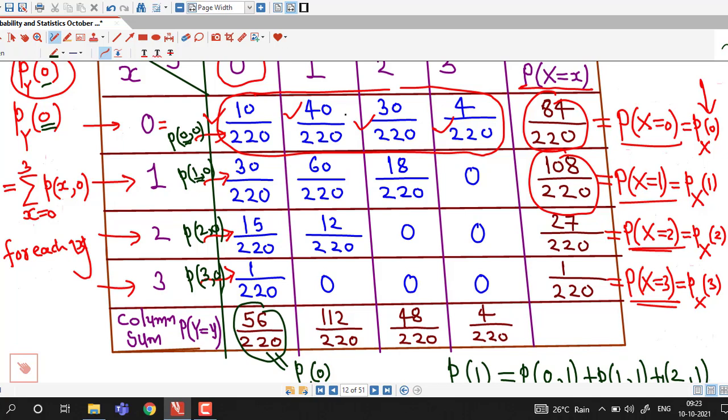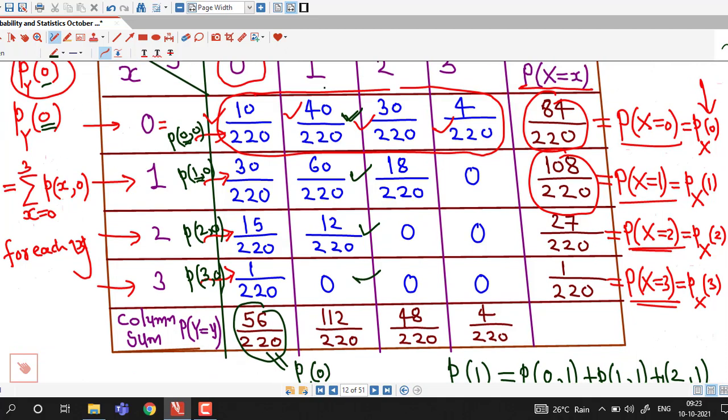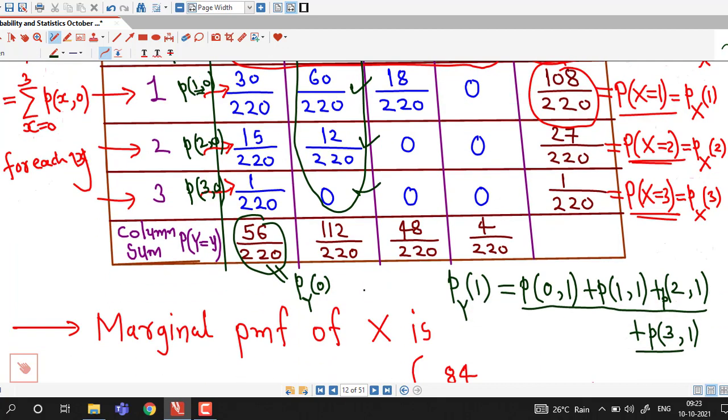The first one is P of 0, 1. This is P of 1, 1. This is P of 2, 1 and P of 3, 1. So if we add values in the column corresponding to y equal to 1, we obtain the value of the probability mass function of y at y equal to 1.